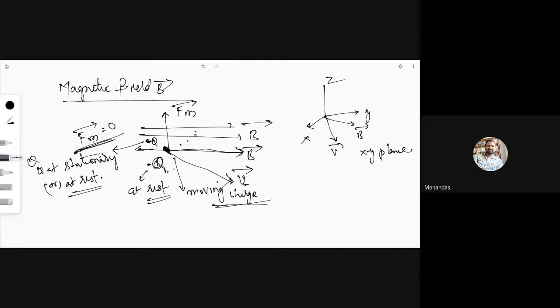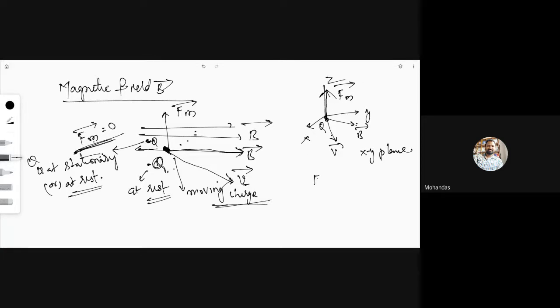The force exerted on this Q is perpendicular to the plane containing B and V. That means it is along the z axis.